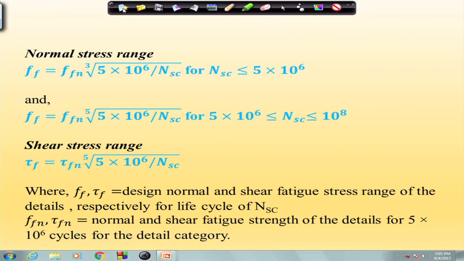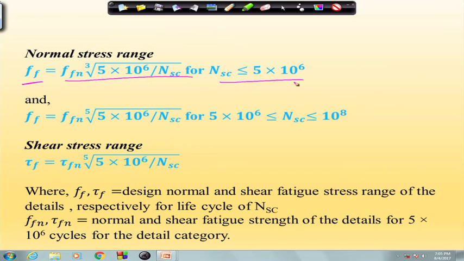Then, normal stress range. The design normal stress f_f can be found from this formula, that is f_f n times the cube root of (5 into 10 to the 6 by NSC), when NSC is less than 5 into 10 to the 6.